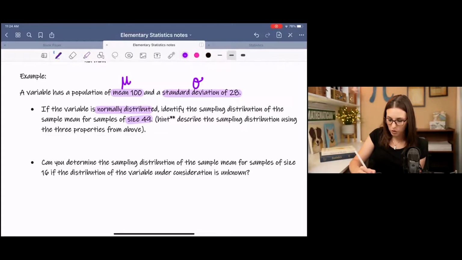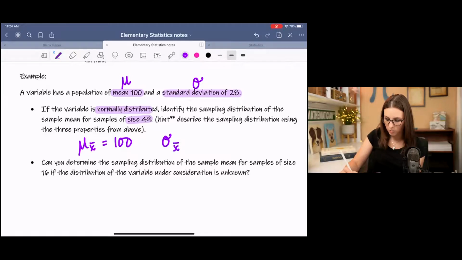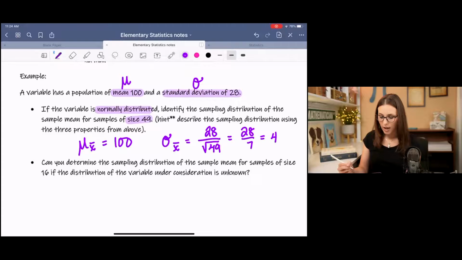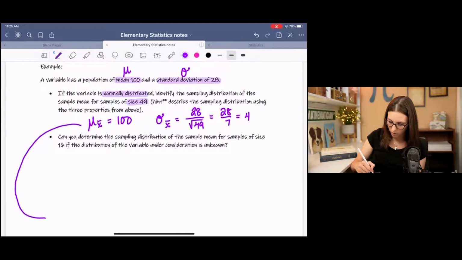For the sampling distribution, the mean is going to be the same as the population mean. The standard deviation is going to be adjusted by square root n, and then I'm going to simplify that. That turned out nice. And since the variable under consideration started normal, its sampling distribution will also be exactly normal. So I'm going to describe this in words down on the bottom of the paper so I have some more room.